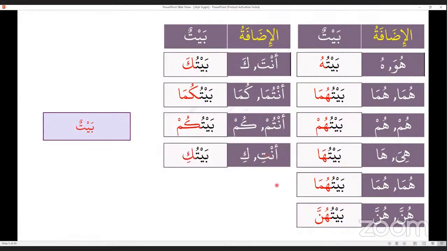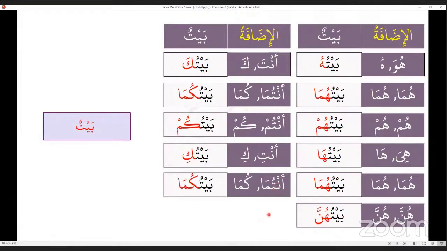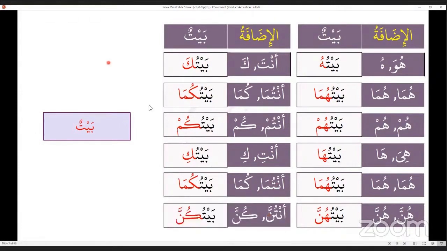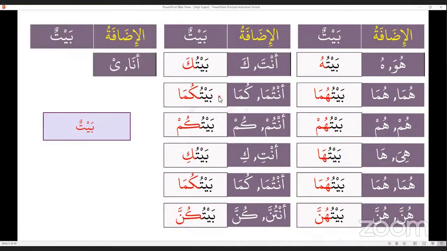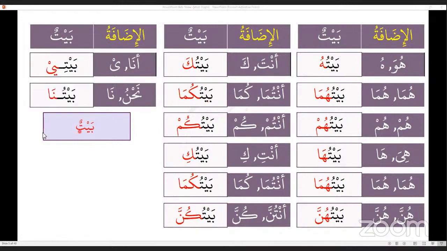Your house for female. Baitukuma. Your house for two females. Baitukunna. Your house for all females. Good. Baiti. My house. Baituna. Our house. Well done, brother.